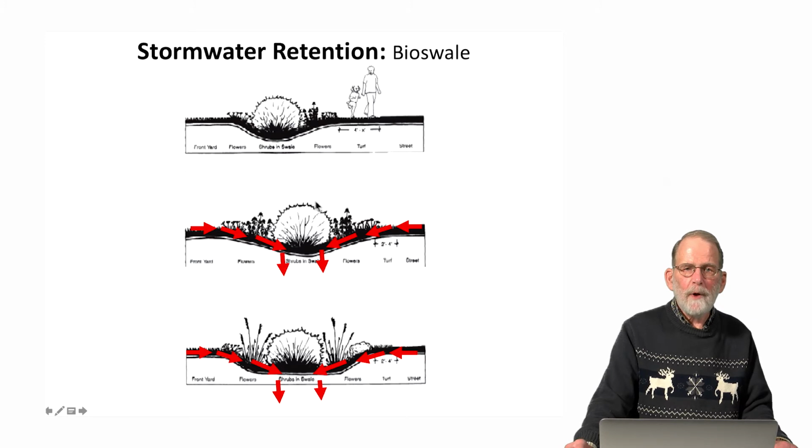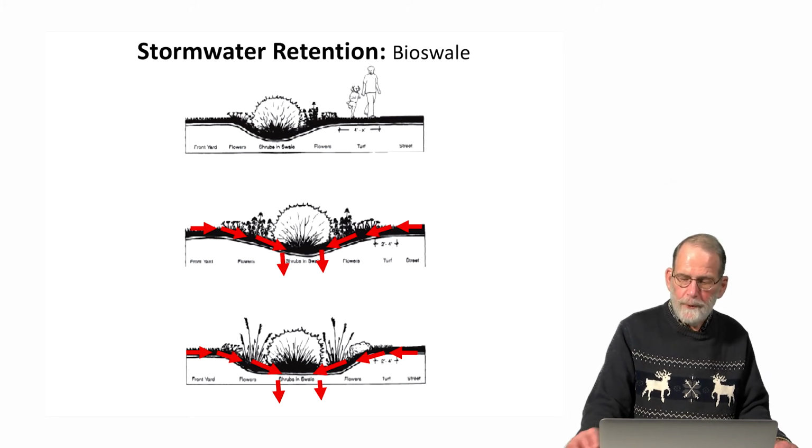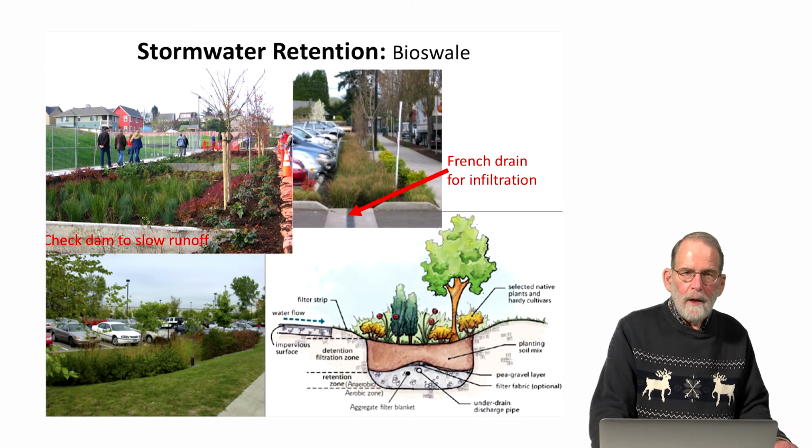So these bioswales are quite popular as a means of capturing water from impervious surfaces and infiltrating it into adjacent landscapes. And the plants then help to purify the water and transpire the moisture back into the atmosphere. We see some examples of bioswales here.